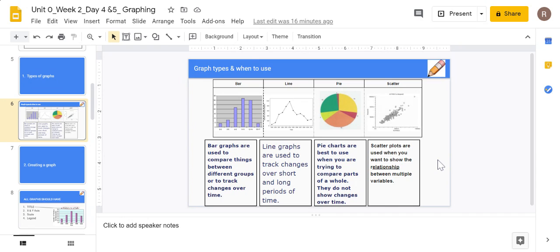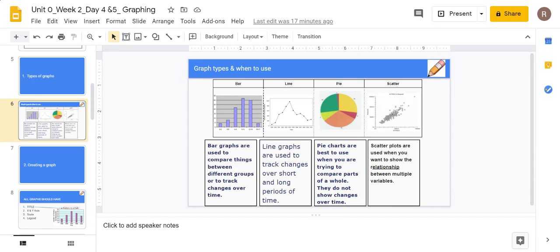Then we have a scatter plot. We're going to see these very rarely in this class, but we do see them, not necessarily on tests though. Scatter plots are used when you want to show a relationship between multiple variables. Again, this is a little more advanced. We're talking physics class or chemistry class.